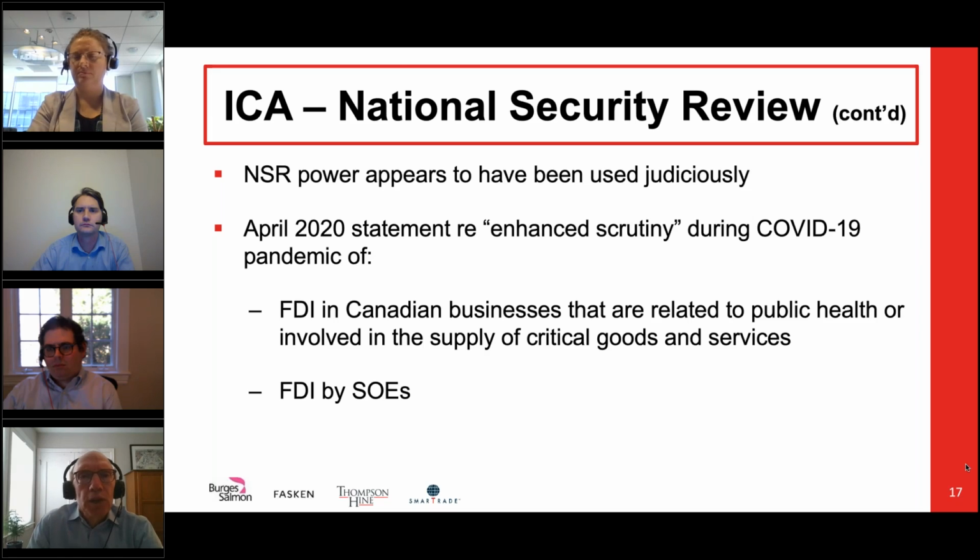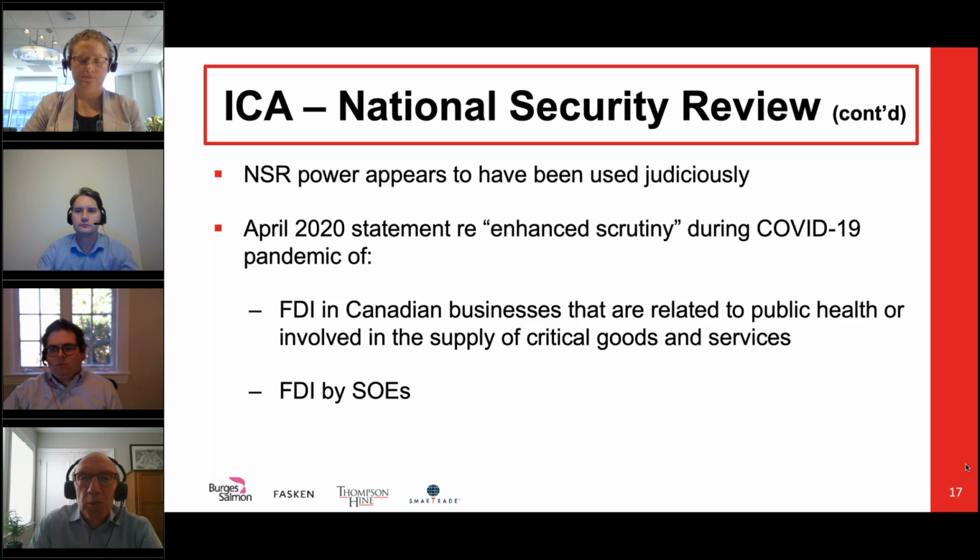In April 2020, the government issued a so-called enhanced scrutiny bulletin in the context of COVID. And essentially it said that there would be enhanced scrutiny applied to foreign direct investment in Canadian businesses related to public health or involved in the supply of critical goods and services. No surprise, really, but nonetheless, this enhanced scrutiny is there.